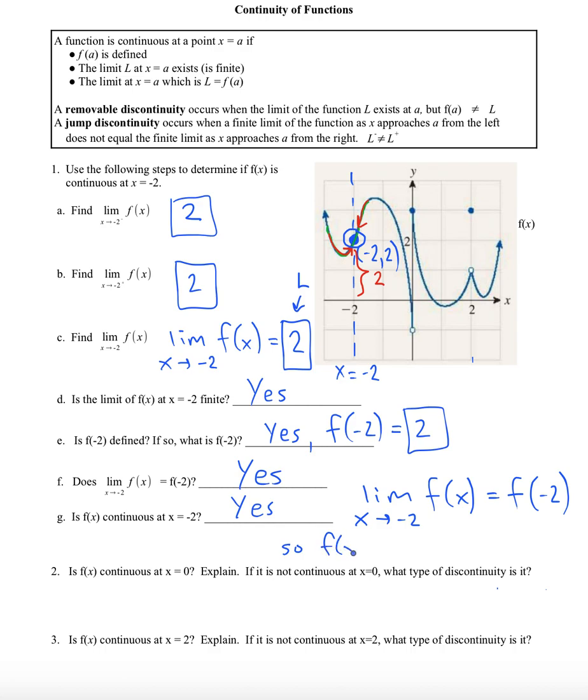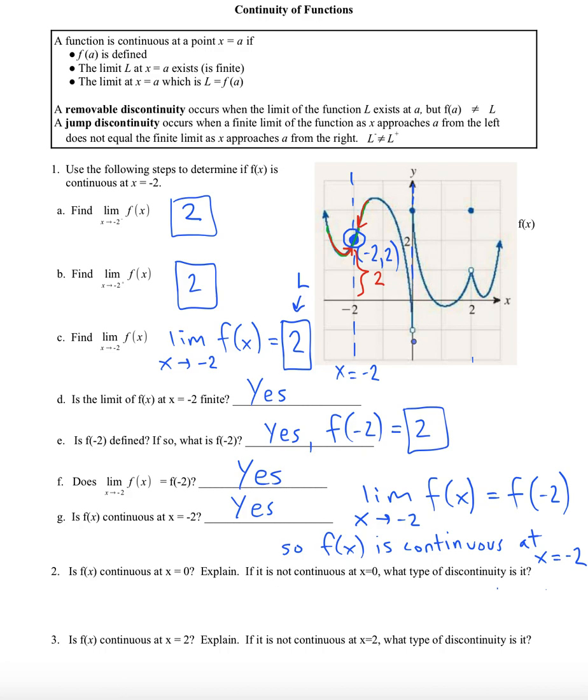So f of x is continuous at x equals -2. Now there may be other x values where the function's not continuous. Let's look at x equals 0, for example.